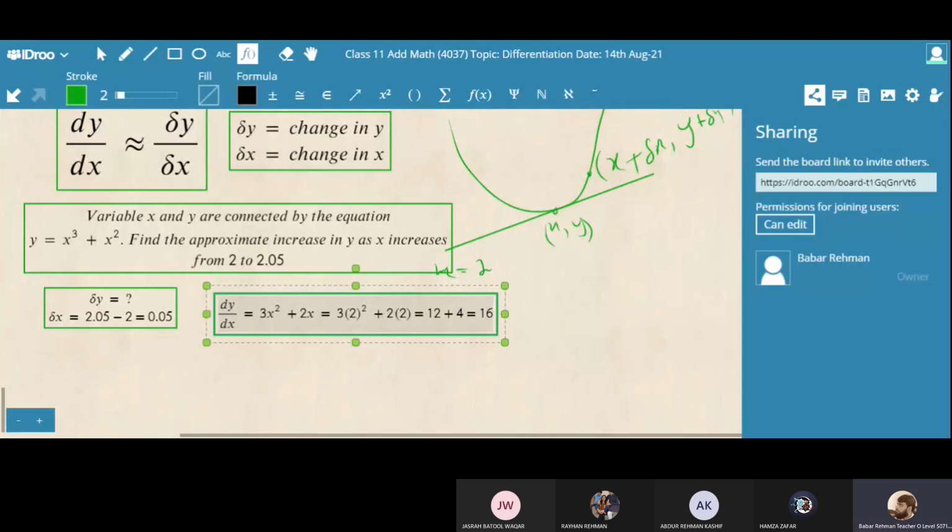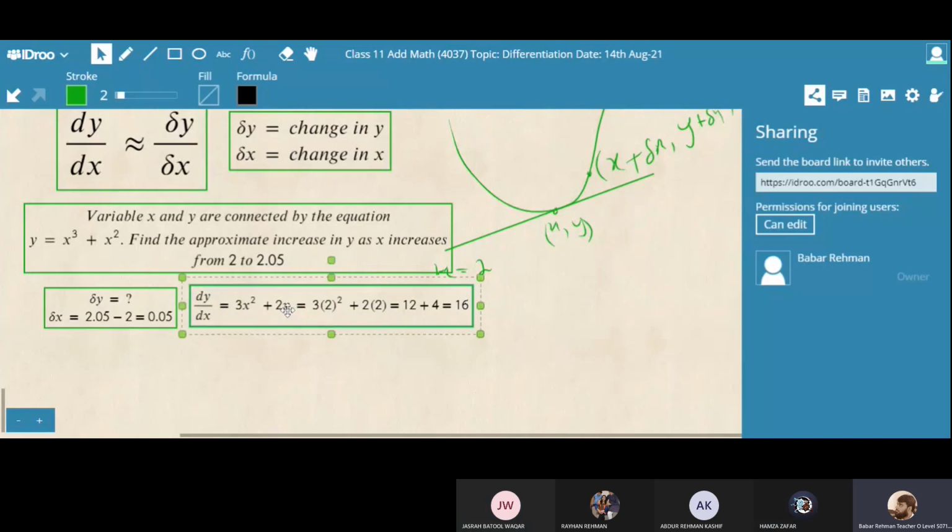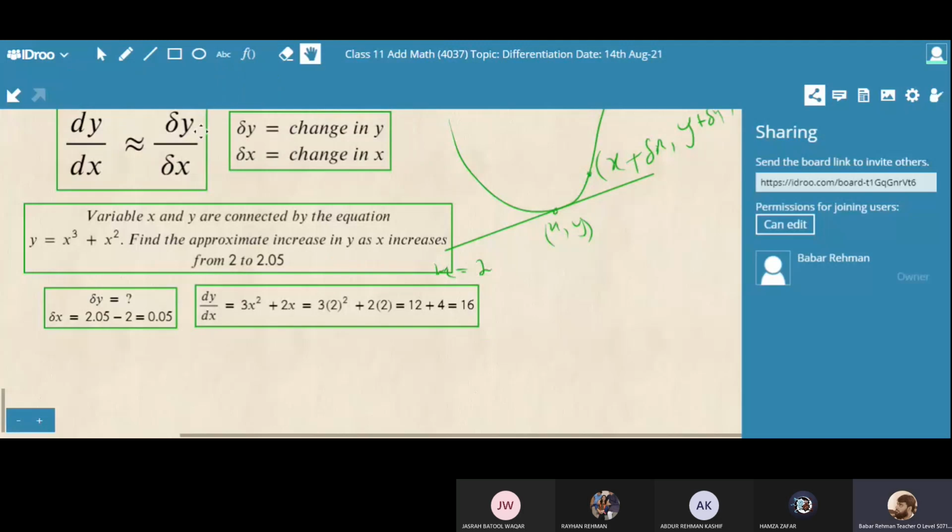Student, getting 16? Yes, sir. Okay, the next step. Now we will use our formula.